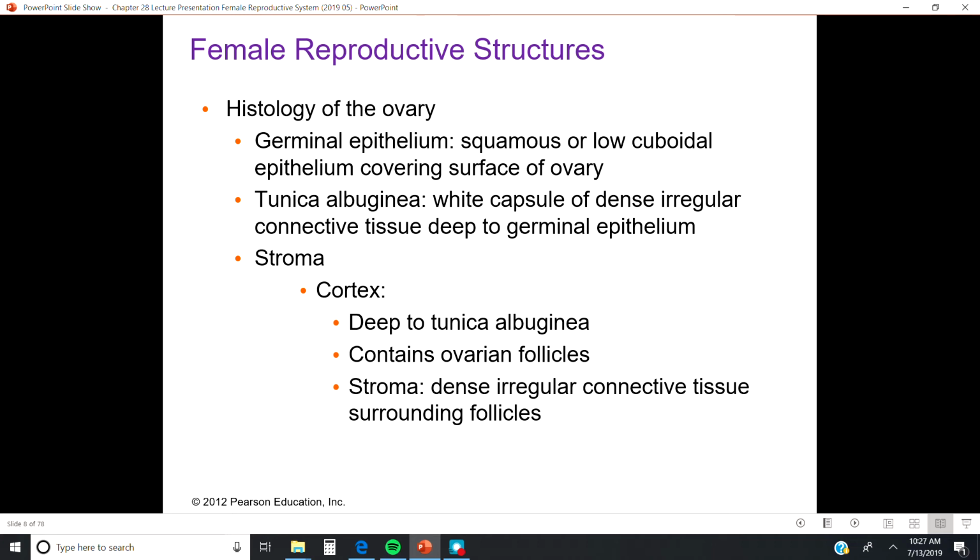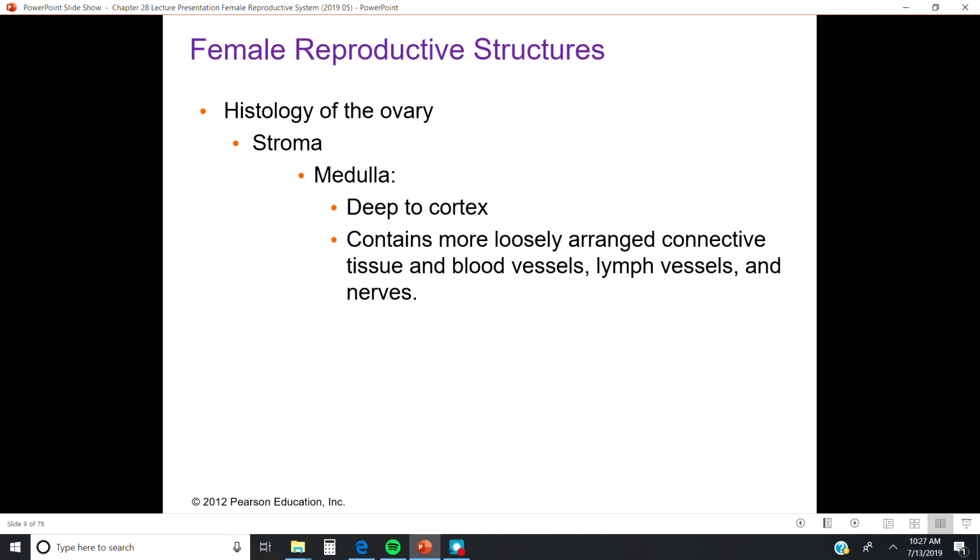There's different types of follicles, so we'll save that for another lecture. But this is where you would find them if you looked under the microscope. They're going to be out by the cortex, and then we have some condensed connective tissue around the follicles.